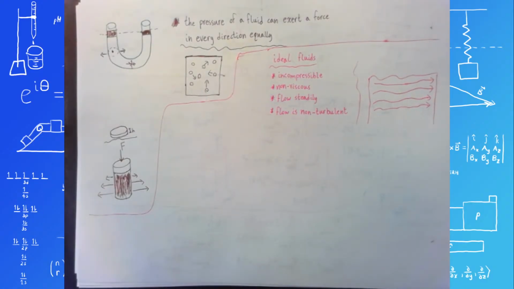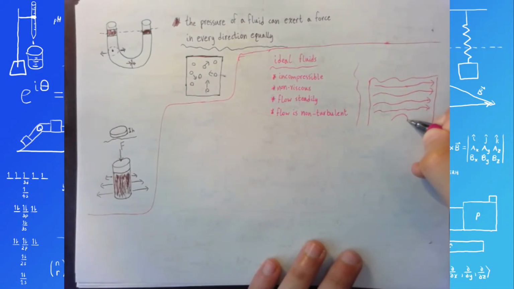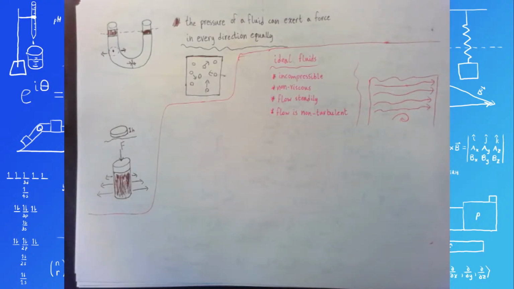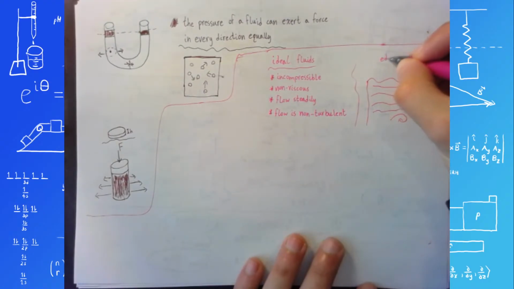But you might get a little bit of randomness mixed in. You might get a couple of random swirls here and there. You might get what are called eddy currents or eddies.